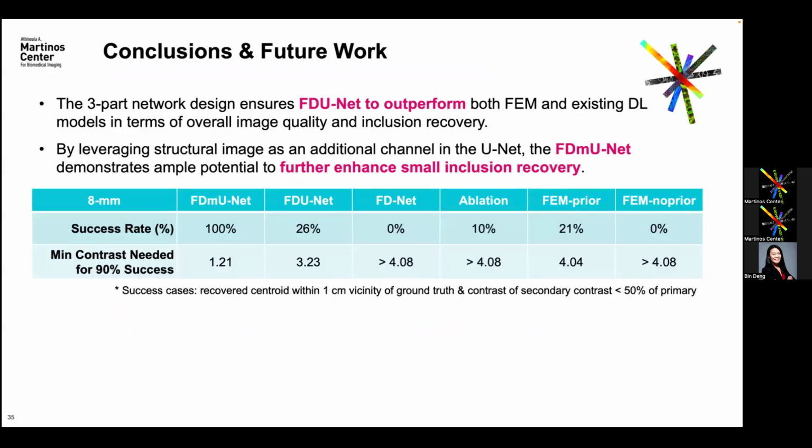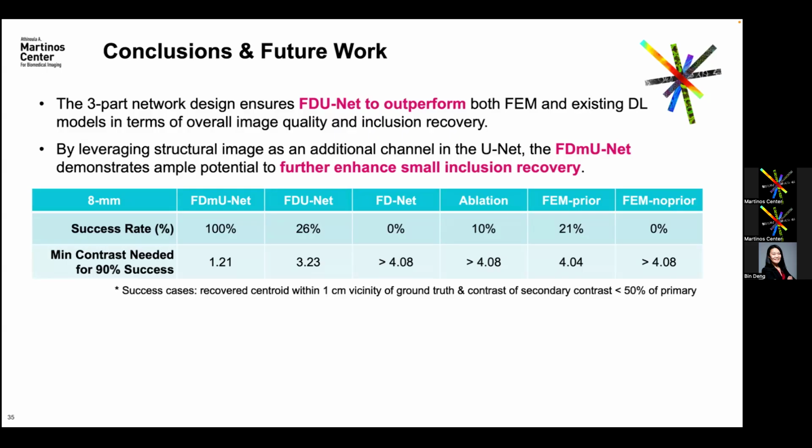I also used a very subjective metric, which I call success rate. If a recovered inclusion is within 1 centimeter of the ground truth location, and the secondary contrast is less than 50% of the primary, we say that's a successful case. This is basically thinking about diagnosis: we see something, how close is it to the truth, and are there any artifacts confounding the diagnosis.